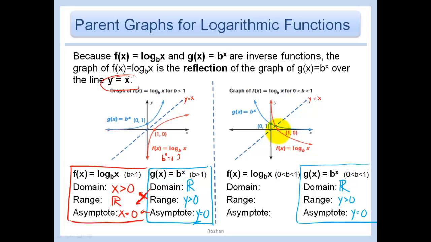Now it looks a little bit different than it did in the last one just because of the way the function originally looked. But we'll do the same thing over here, and we'll swap all the x and y stuff. The domain will just be x is greater than 0, so it only takes in positive values. The range is now going to be all real numbers, and the asymptote, instead of being y equals 0, is just going to be x equals 0. So again, I just swapped all the x and y stuff.